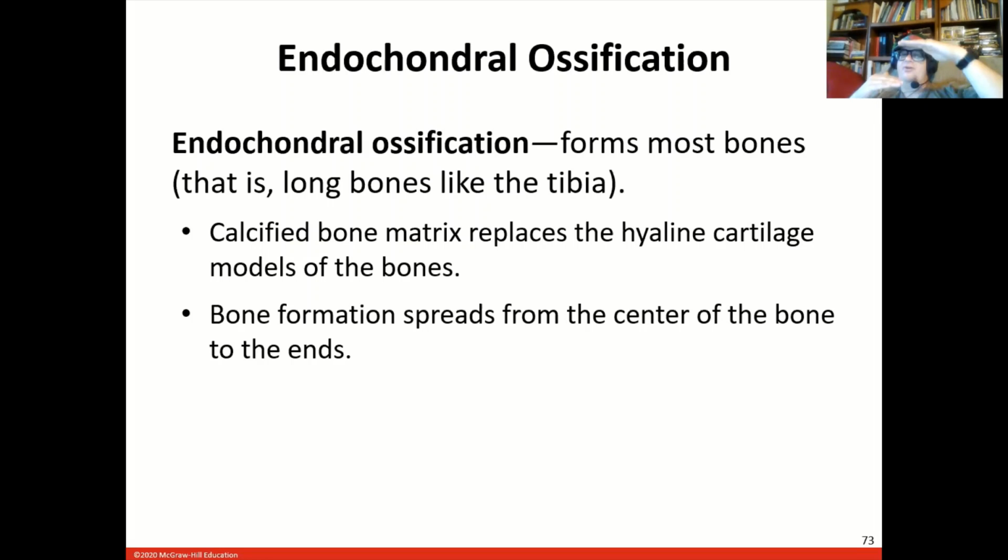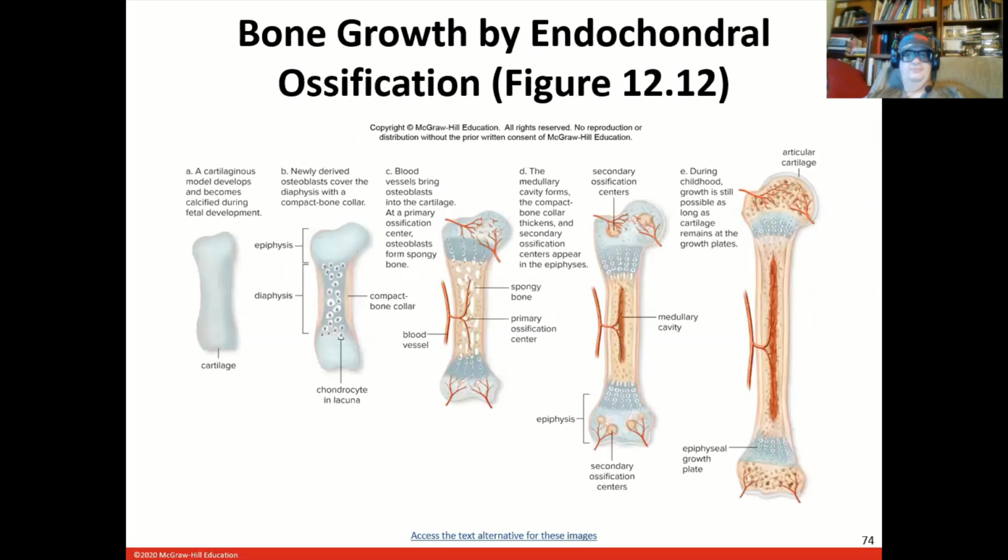And whenever the making of the bone tissue, replacing of the cartilage, goes faster than the making of the cartilage, you're going to close the growth plate. When they close and you have nothing but bone, you're done getting taller. Anyway, but we'll move on.